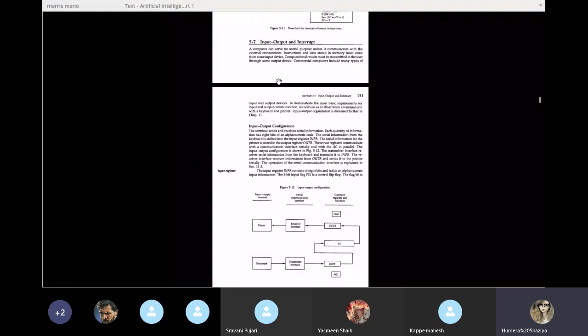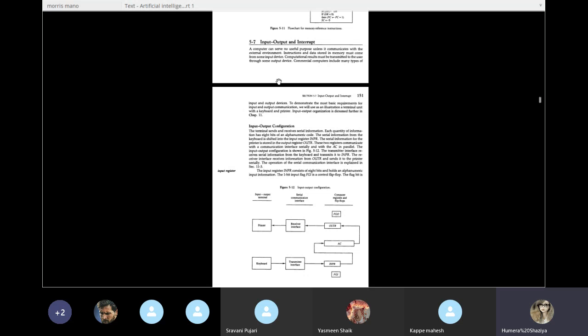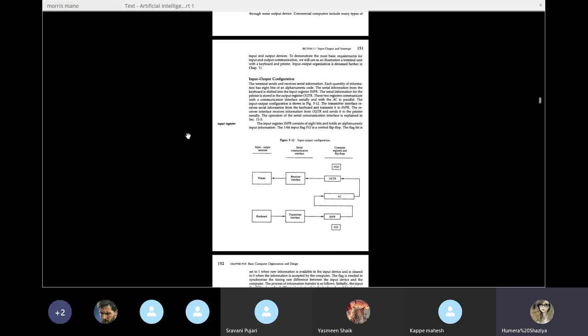Before delving deeper into the instructions of I/O, let us first understand how a computer accepts the input and displays the output. For that you need to understand the I/O configuration. If you remember from the list of registers, we have 2 registers which are related to I/O, INPR and OUTR.